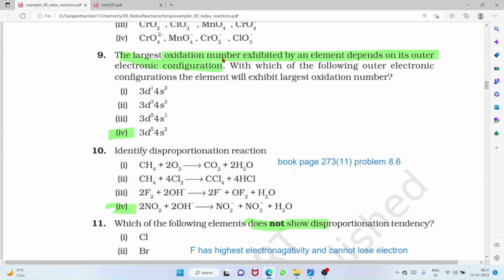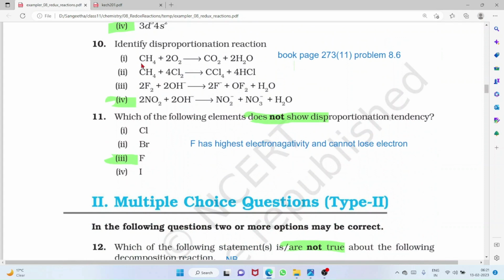The largest oxidation number exhibited by an element depends on the outer electronic configuration. With which of the following outer electronic configurations will the element exhibit the largest oxidation number? Obviously, more electrons here. So this is the answer. Identify the disproportionation reaction.